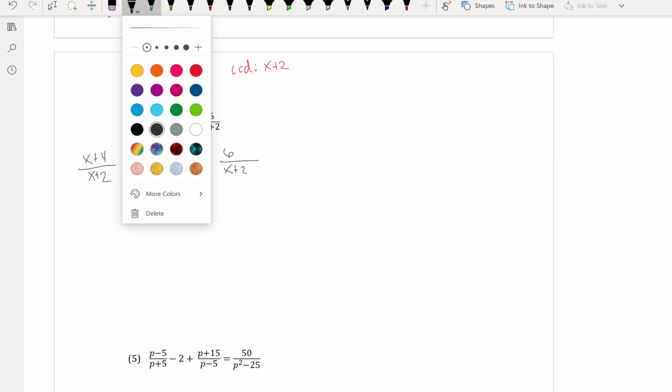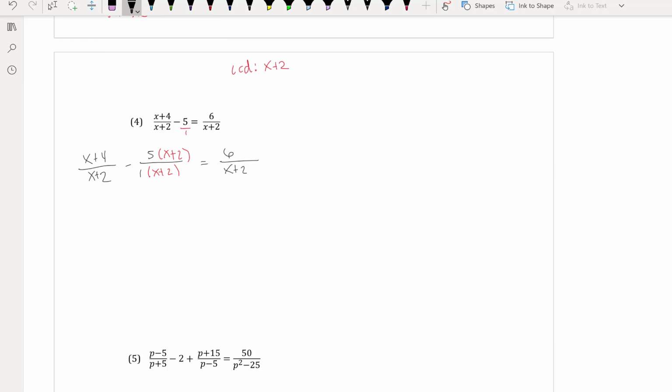So if I want to combine and distribute my numerator, I would have an x plus 4 over my LCD minus, and here I have this 5 that's being multiplied, so 5x plus 10 over my LCD is equal to 6 over my LCD. And I just want to be careful at this next step.